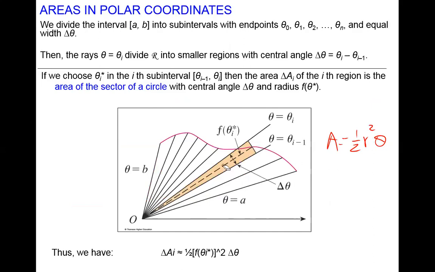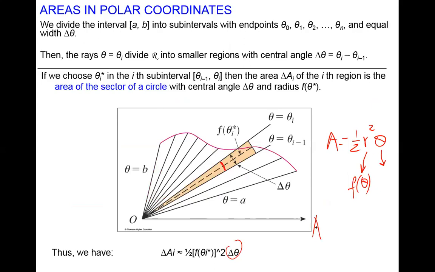One of these sectors has the area one half radius squared. We know that the radius is defined as a function in terms of theta. And the angle will be like a thickness, the wideness of this. That means I need that whole angle, delta theta.